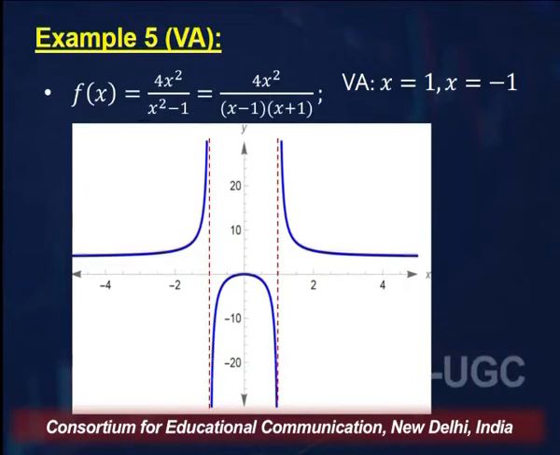And if it is a vertical asymptote, then the function is tending to infinity or minus infinity as x approaches it, so you can't possibly have an intersection between the graph of a rational function and the vertical asymptote.